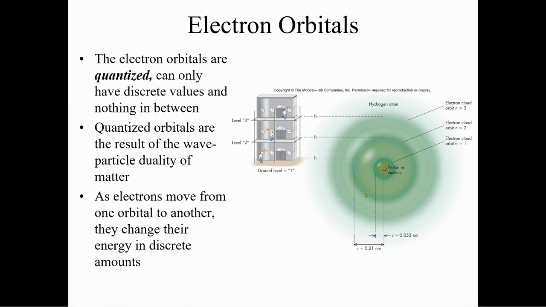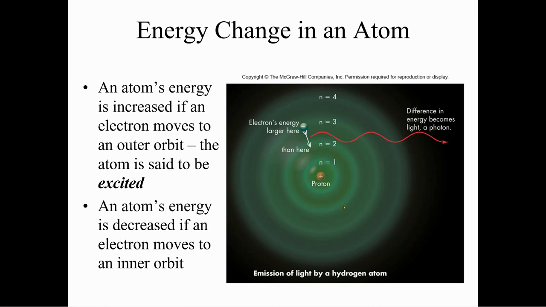As electrons move from one orbit to another, or one energy level to another, they gain or lose energy in a discrete amount. There cannot be orbital 2.5 or 2.35. They are always whole numbers. We talked about this earlier.